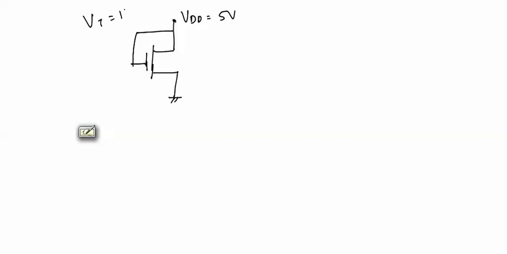Next case, identify the region of operation. VT equal to 1 volt. In this type of MOSFET, we know that VD equal to 5 volt, VG equal to 5 volt, VS equal to 0 volt.